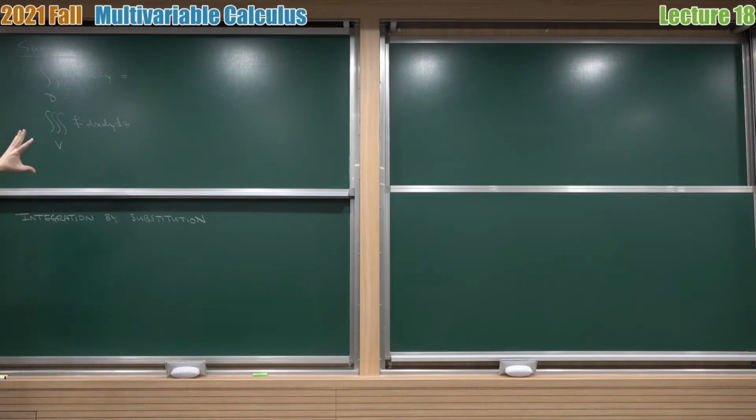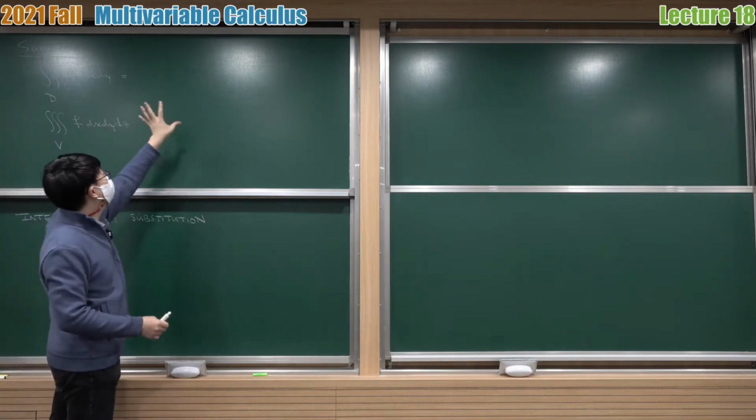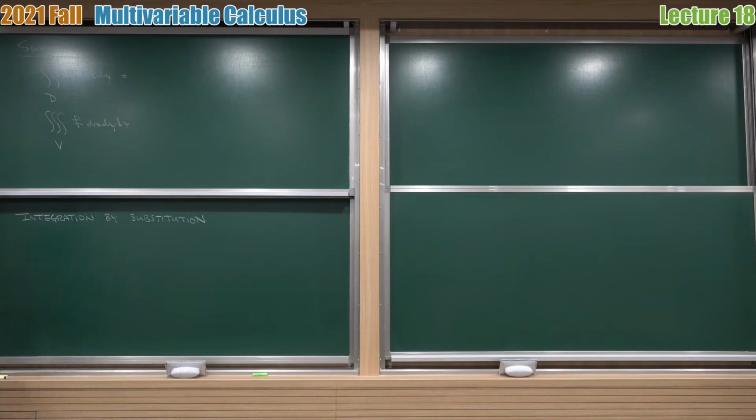I left this right-hand side blank because I want to fill out something. Our goal is to compute this double or triple integral, and the way we can do this is by taking an iterated integral if the domain or volume is given in a nice way.